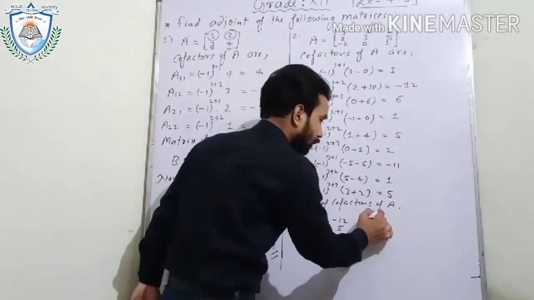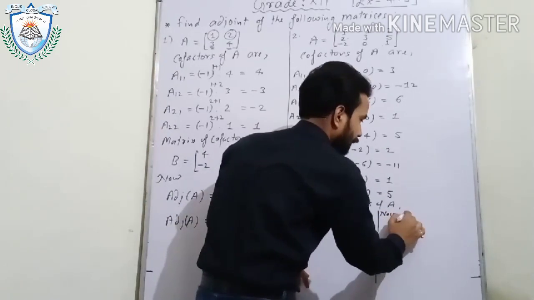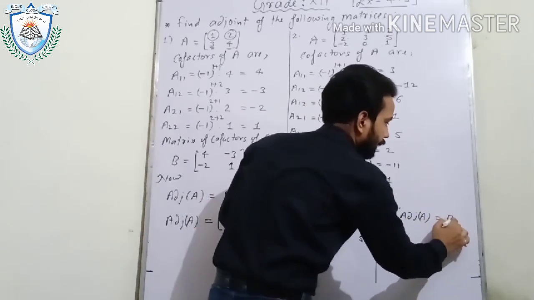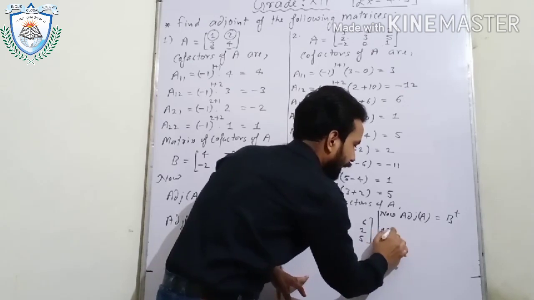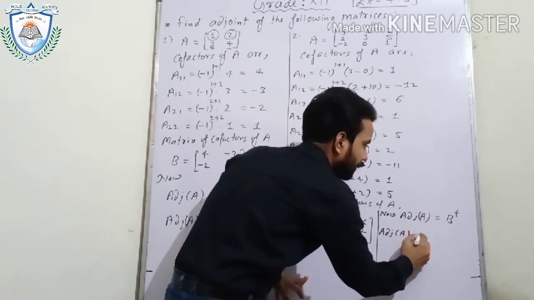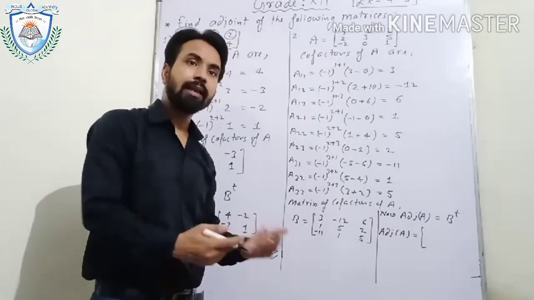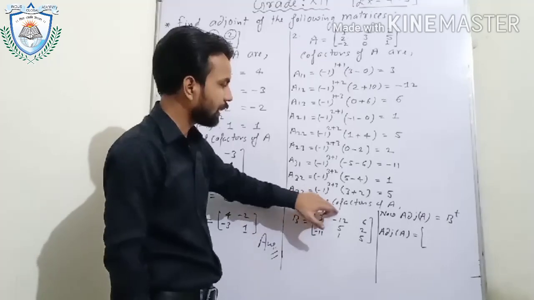Now adjoint of A. Adjoint of A is B transpose. So adjoint of A equals B transpose. I told you for finding the transpose we will interchange the rows and columns. So here first row is 3, minus 12, 6.